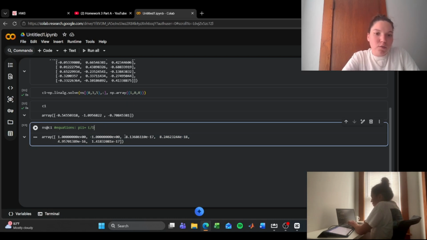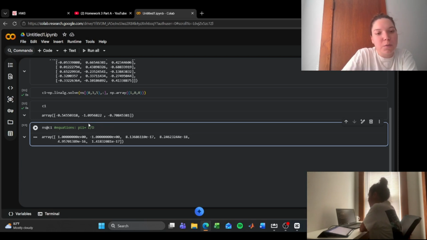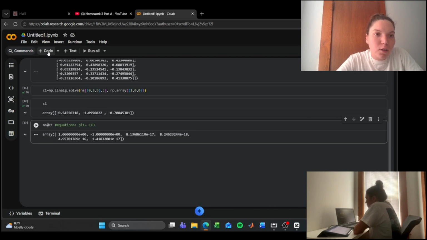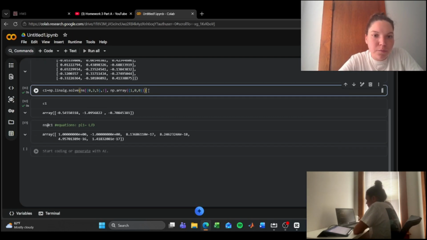And then the rest of these values are basically too small that we're just going to say that they're raised to the 0. They're not exactly 0, but they're pretty close. So this first dimensionless number that we have is just length over diameter, and that's just going to be meters over meters, which cancels out, so that's the dimensionless group that we have for the first pi equation that we set up earlier.